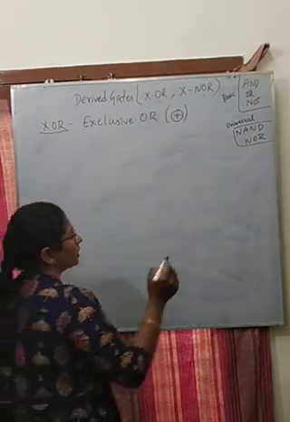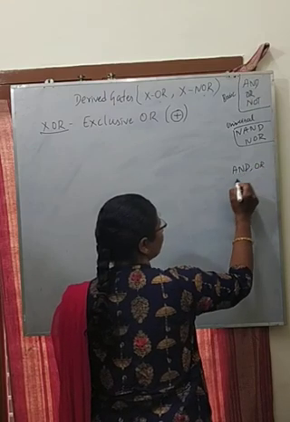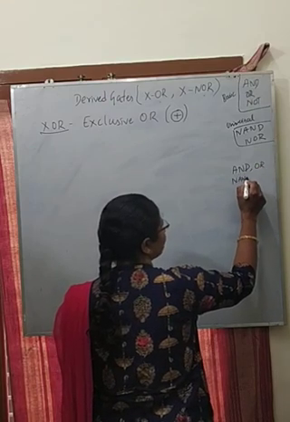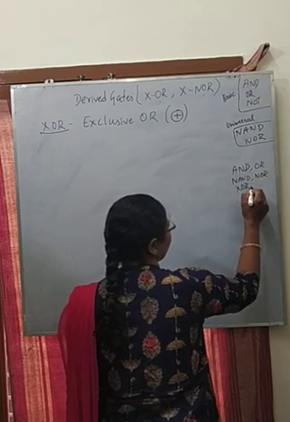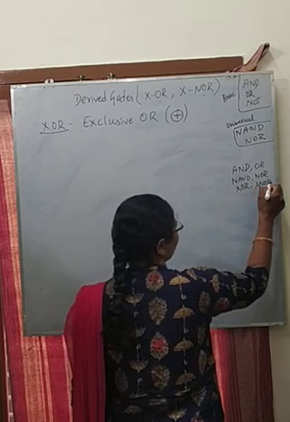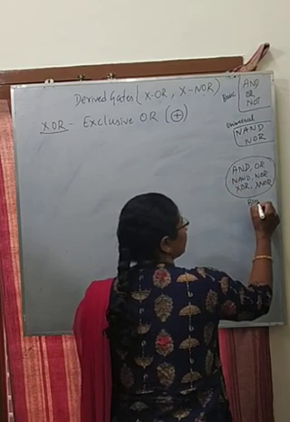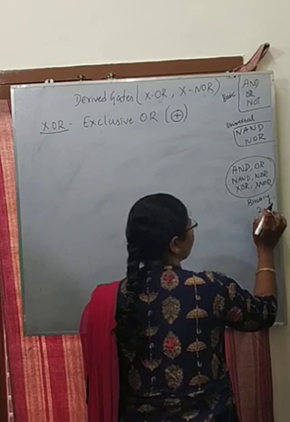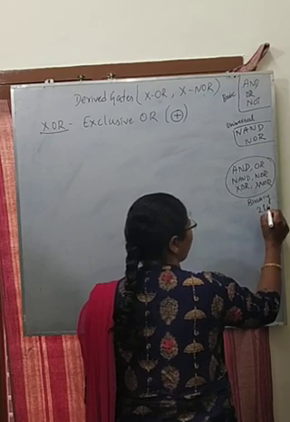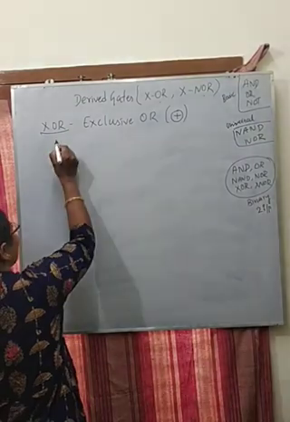We know that AND gate, OR gate, NAND gate, NOR gate, XOR and XNOR are all binary gates, that means a minimum of two inputs is required.